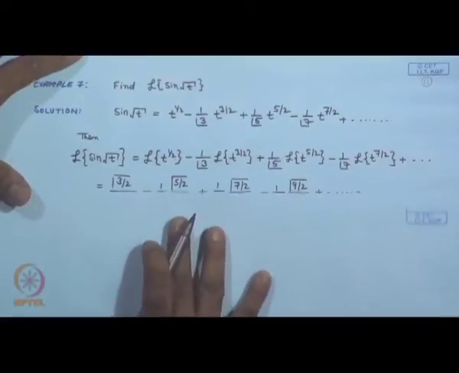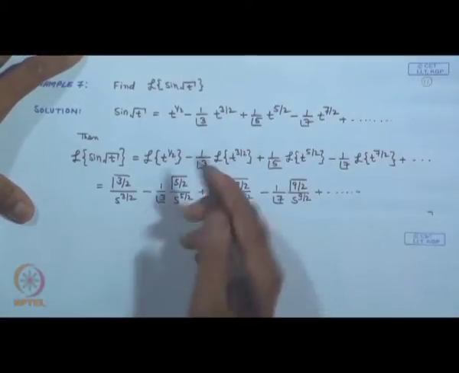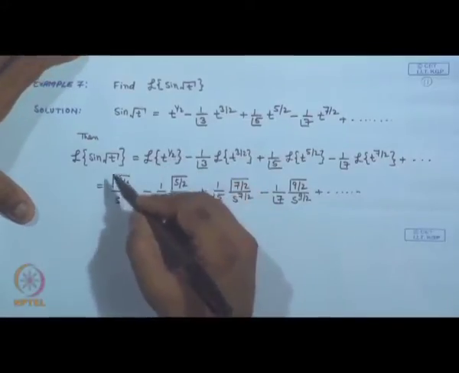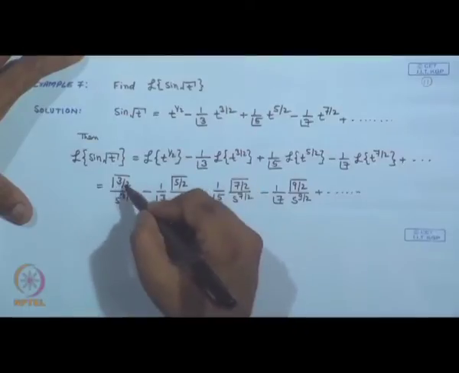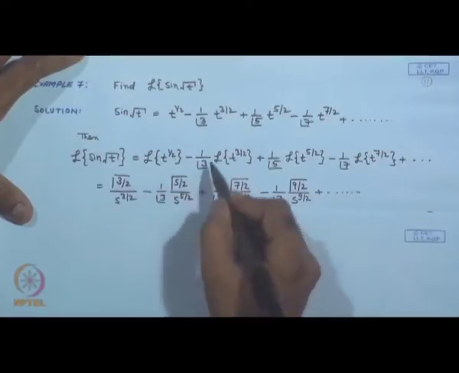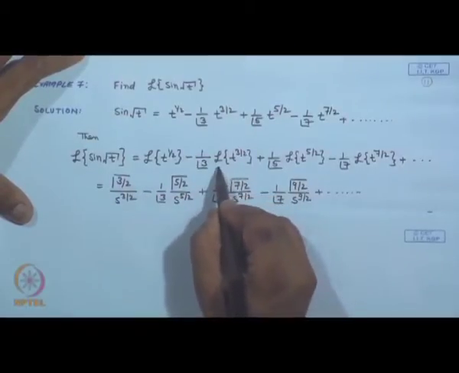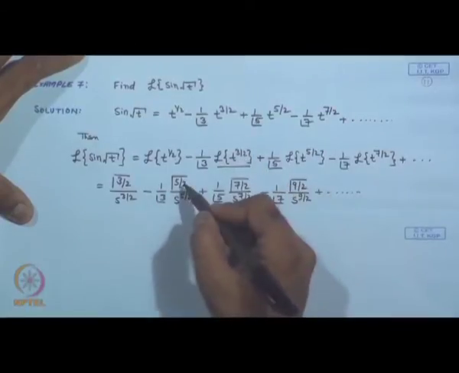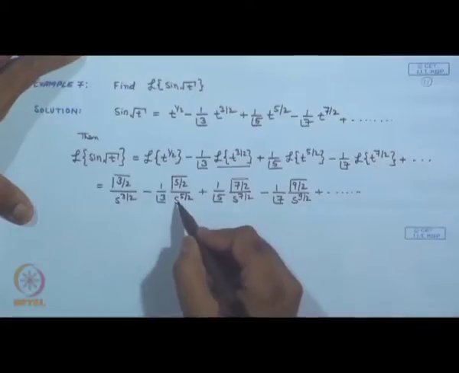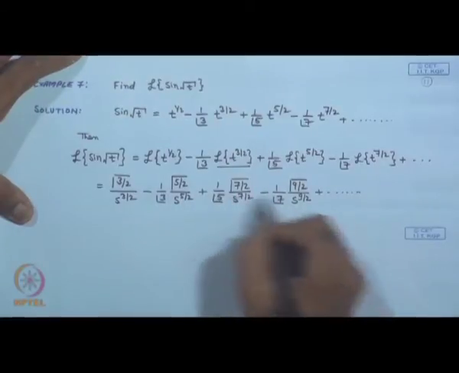We apply the formula to get the Laplace transform of t^(1/2), that is gamma of 1/2 plus 1, so gamma 3/2 over s^(3/2), minus 1 over 3 factorial, the Laplace transform of t^(3/2), so gamma of 3/2 plus 1, so gamma 5/2, over s^(5/2), and so on.